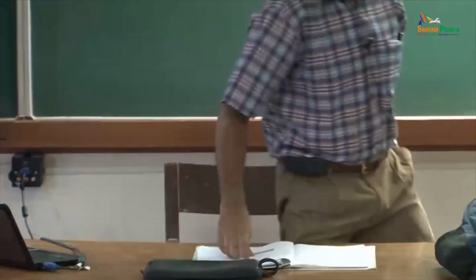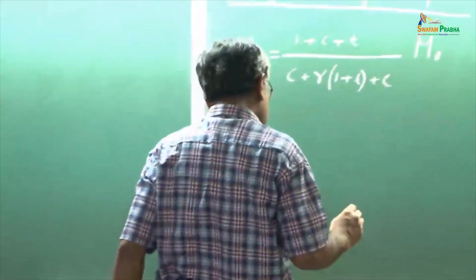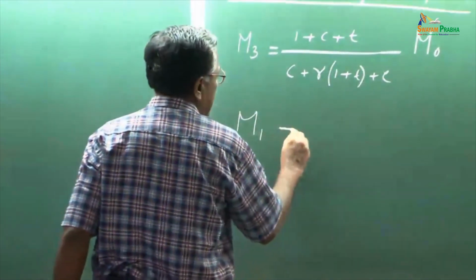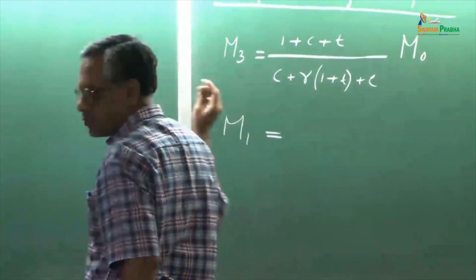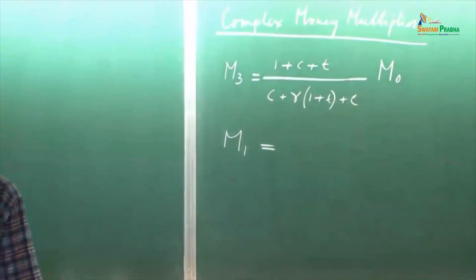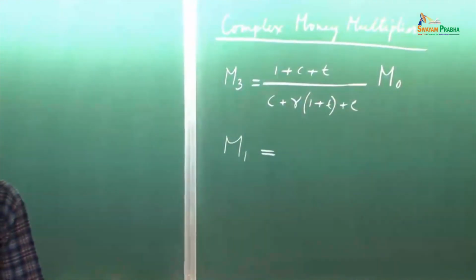Monetary base and M1 were very close to each other, which means, if you look at the multipliers, M1, what I had was, if you can help me, 1 plus c over, what is the multiplier I had?